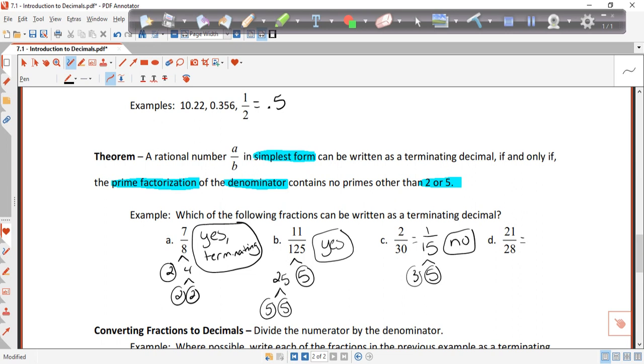The next one, 21 over 28, also reduces. 7 goes into both, leaving 3/4. 4 is 2 and 2, so this one would also be yes. Now make sure that you do reduce, because in this case, if you had left it how it was, 28 would be 7 times 4, 4 would be 2 times 2, and here you would have said no and had an incorrect answer.